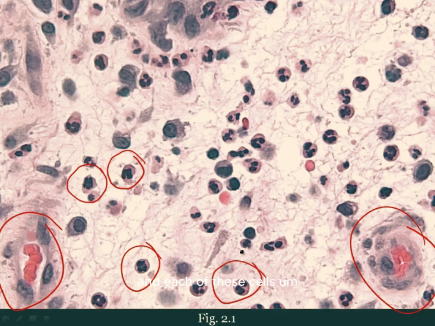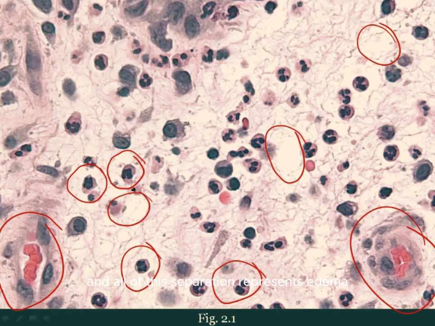And the fact that there are neutrophils present indicates that we're dealing with acute inflammation. Now, at the same time, notice that there is this separation by this sort of white fluid of the tissue space, and all of this separation represents edema, or the fluid that's actually building up within the tissue space. And so, again, the hallmarks of acute inflammation are neutrophils along with edema.